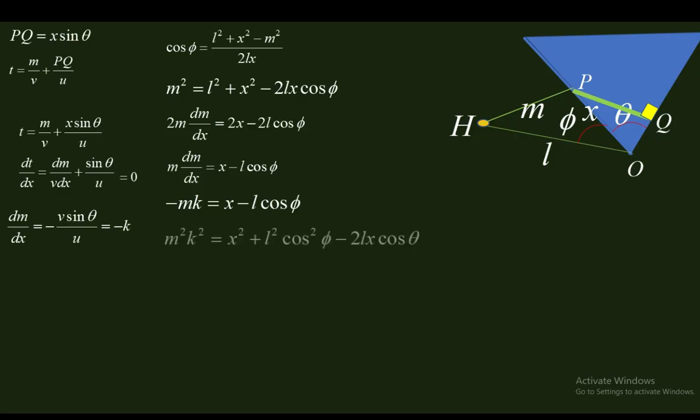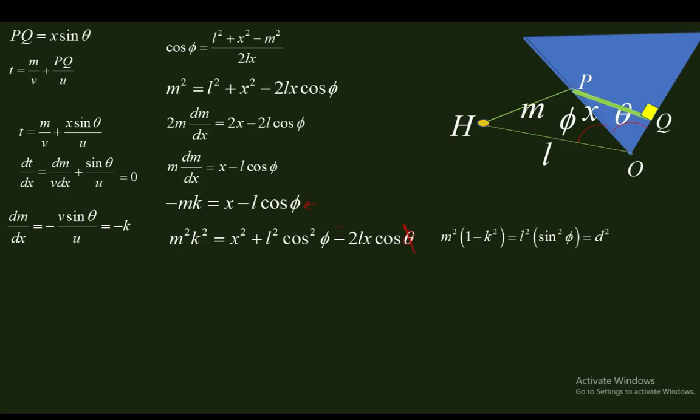Now we have two equations, this one and this one, both in m square. If you subtract one equation from the other, the x square term will get cancelled, and so will the term 2Lx cos phi. I'm sorry, this is phi here, because on squaring we get phi.